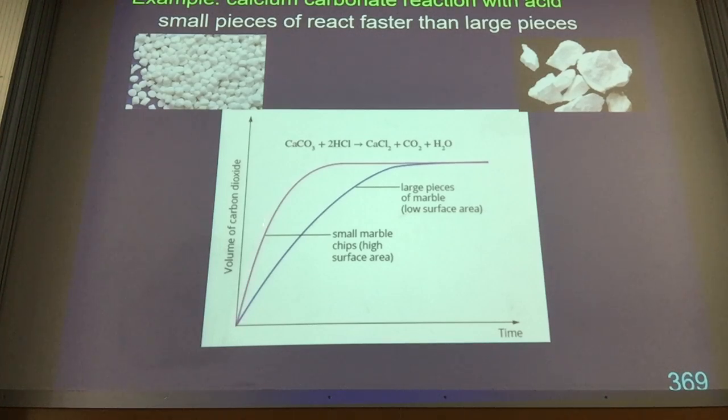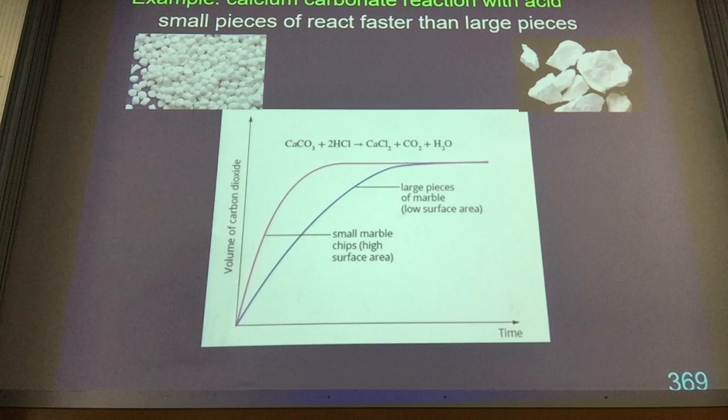The volume of carbon dioxide increases more quickly, therefore we've got a more rapid reaction rate. For large pieces, the line has got a more gentle slope, lower surface area, slower rate of reaction.